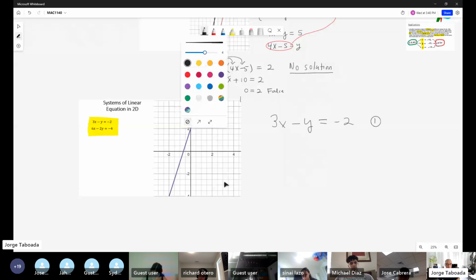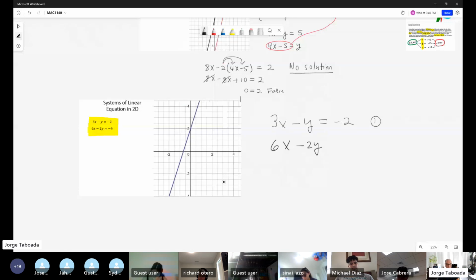And also 6x minus 2y equal negative 4. Okay, cool. I suppose it's similar. The system contains two equations and two variables, x and y. Now I try to apply substitution one more time. What do you think? Can we use substitution or no? Remember substitution, yeah, you say yeah, why? Because?